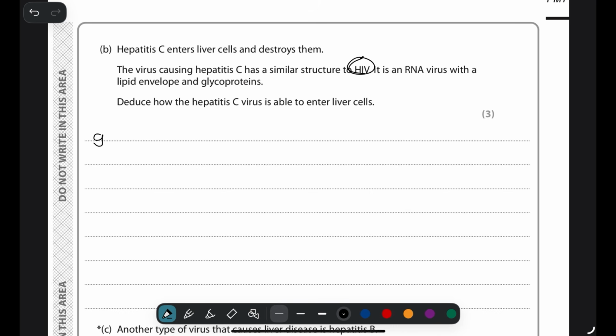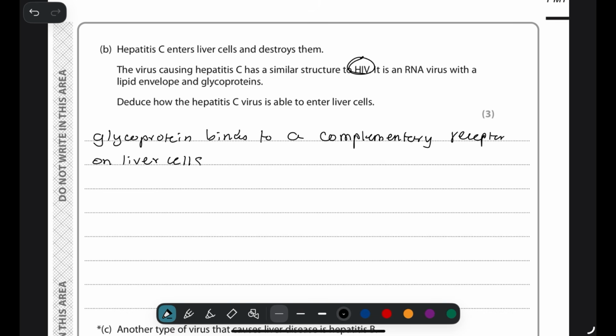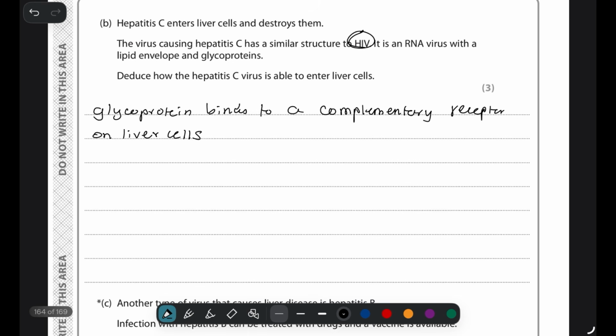So, glycoprotein binds to a, remember, complementary, always complementary receptor on liver cells. Okay, so now we're saying the glycoprotein on the hepatitis virus has bound to a liver cell. Okay, now again, what happens in HIV?